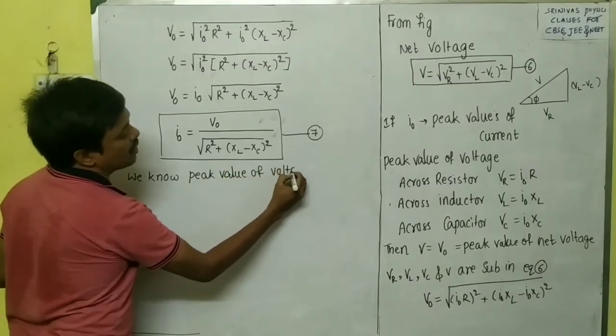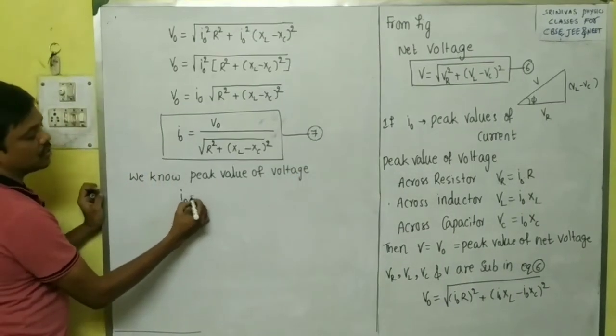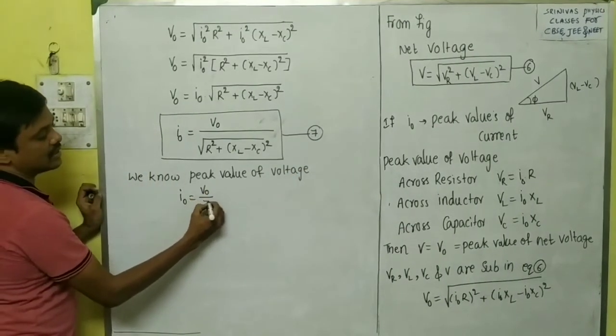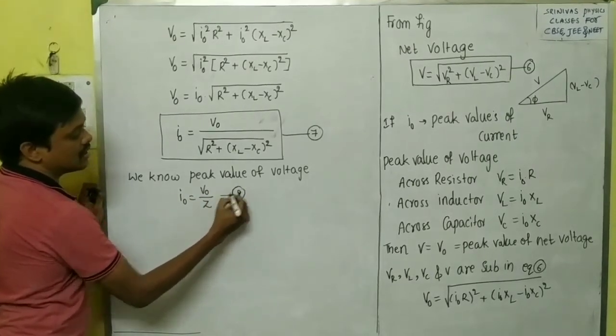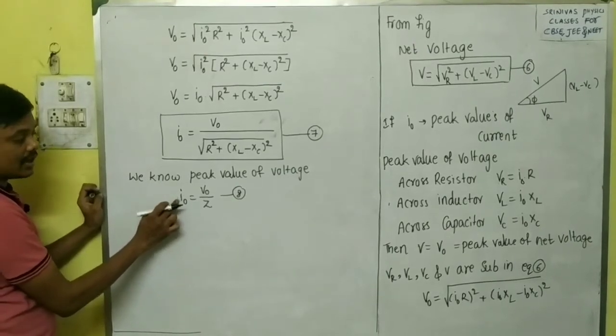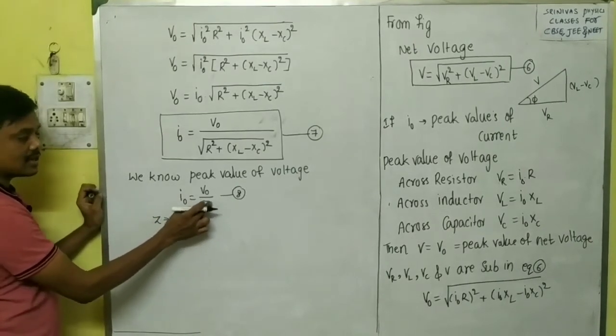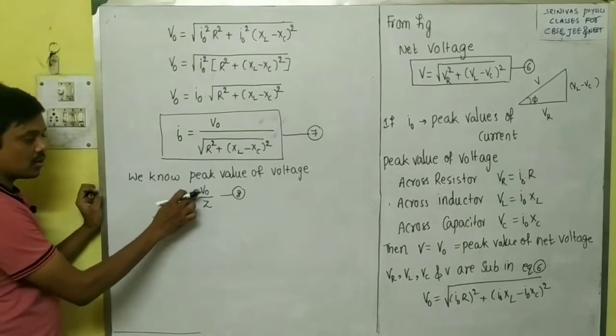And we already know the peak value formula: I naught equal to V naught by Z. This is equation 8. What is Z here? Current equals voltage by resistance. We have to take the resistance of the total circuit, because this is the total current in the circuit: total voltage by total resistance.